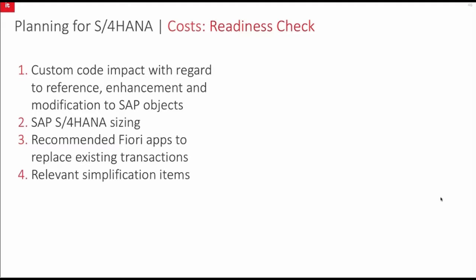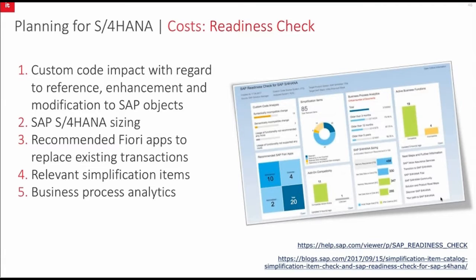And then finally, most importantly, these two areas, the simplification items that are relevant to you in your current environment, and the current business processes that are run within your system and what you need to prepare for when you move to S4. All of those capabilities have now been bound together into the SAP readiness check for S4HANA.